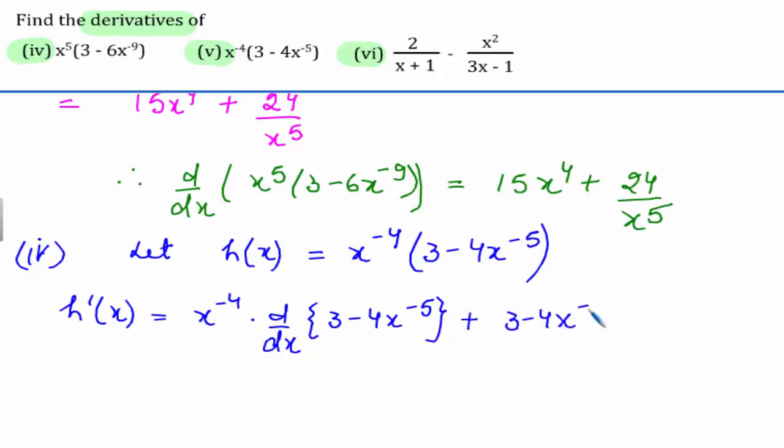Now here we will again use the derivative of x raised to the power n with respect to x is n times x raised to the power n minus 1.